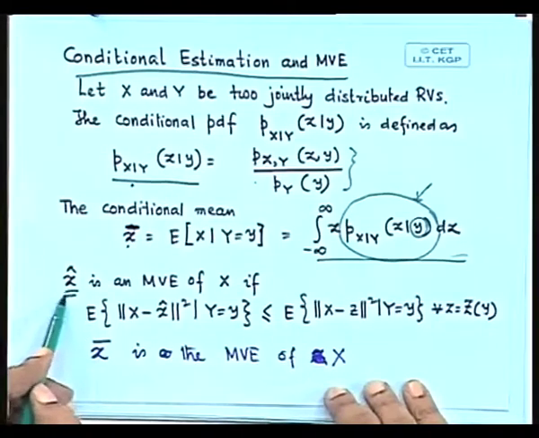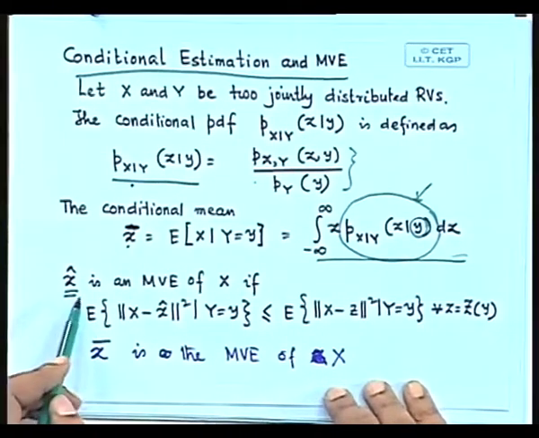Now why should it be an MVE? Why should it be a minimum variance estimate? That is what is very nice about this result. If x hat is an MVE, how is an MVE defined?